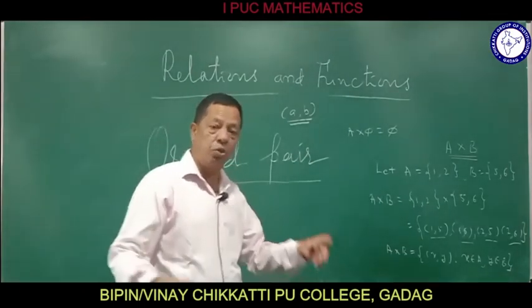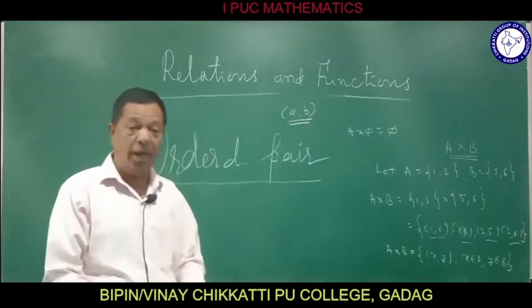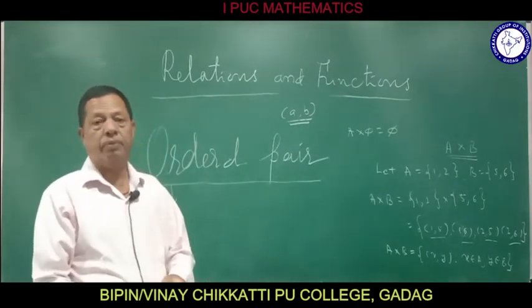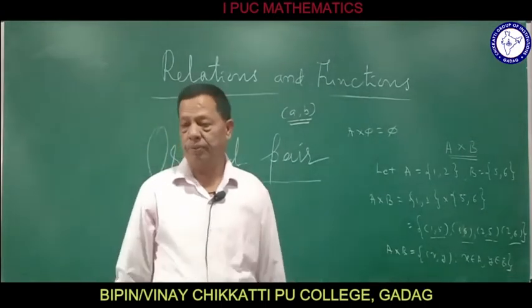An ordered pair means two objects grouped together in parentheses.